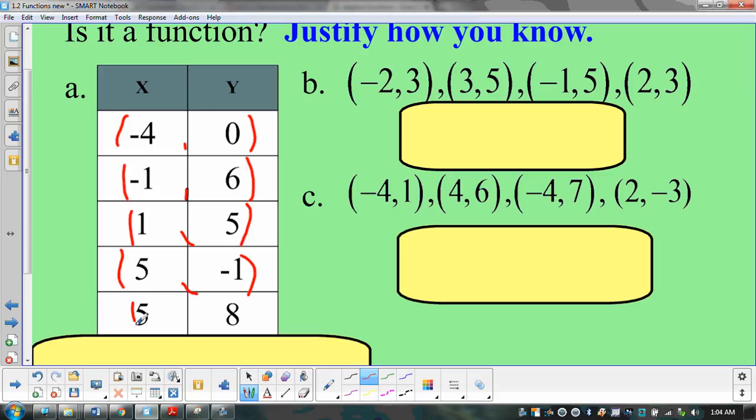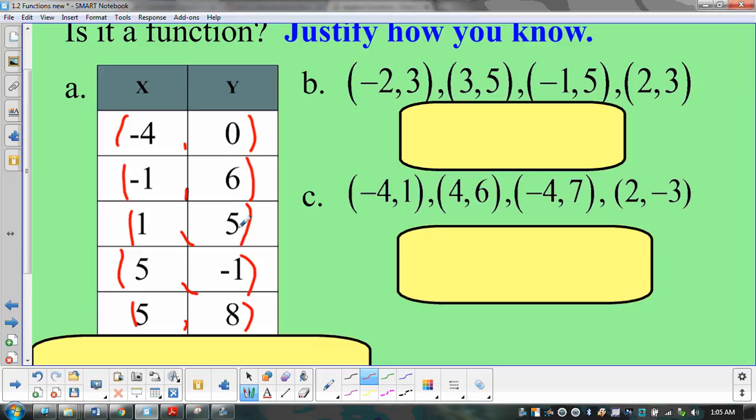So take a moment just on that brief definition you've been given. Does it look like every x has only one y? The way you can help yourself answer that is when x is -4, what is its y? It's 0. When x is -1, what is its y? It's 6. And so on. When x is 1, its y is 5.